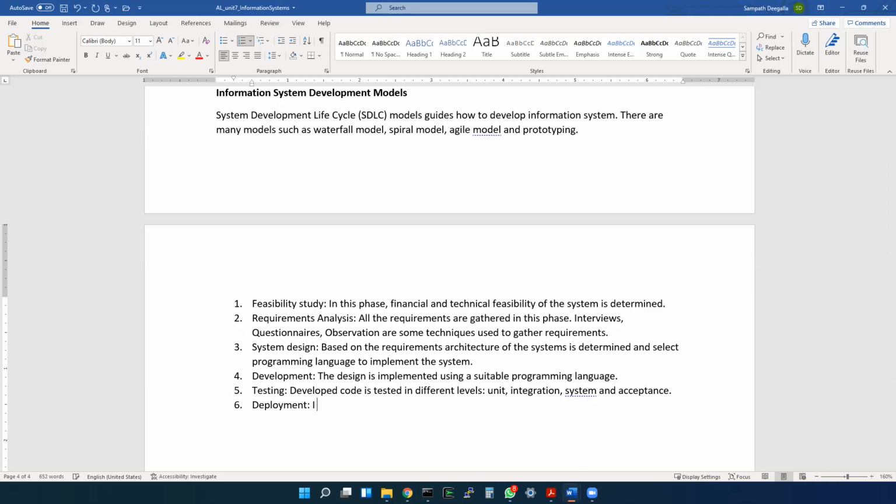The implemented system will be put into production. That means users start using the developed system.